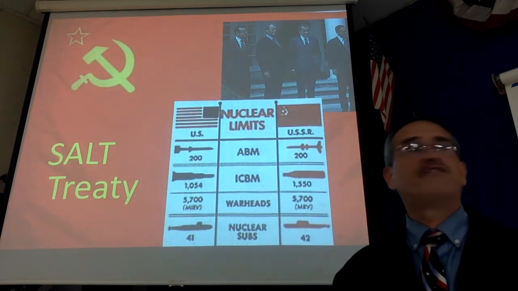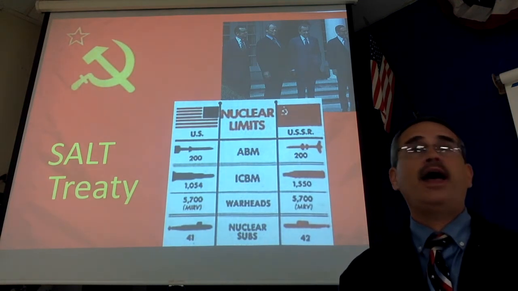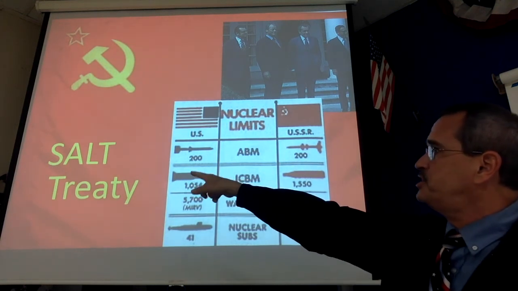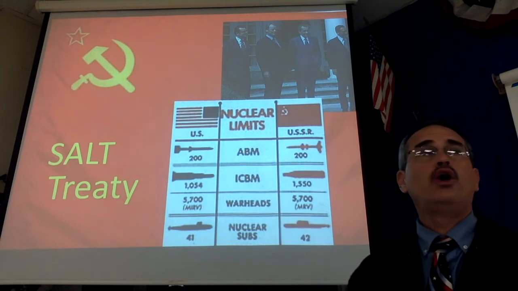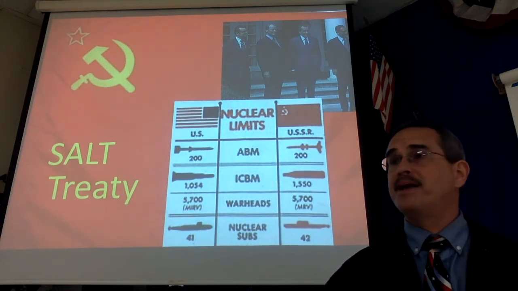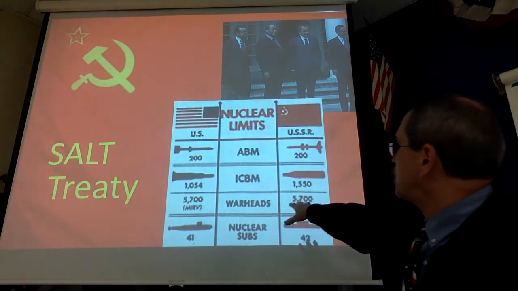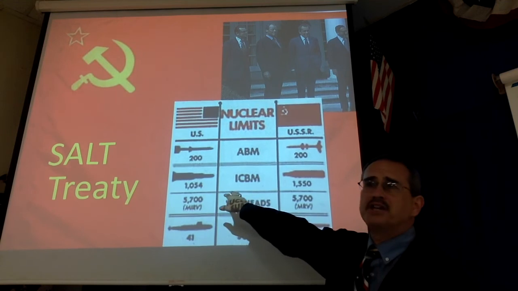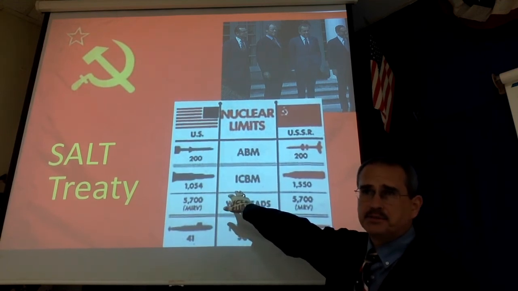And we get, for the first time ever, a nuclear arms limitation treaty. The SALT Treaty, Strategic Arms Limitation Treaty, was the first limits we ever put on making nuclear weapons. Now, here's the chart. We're both going to have over 1,000 intercontinental ballistic missiles.